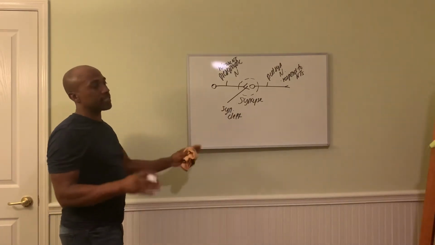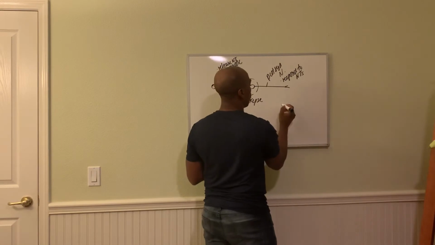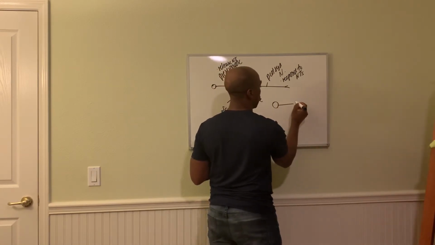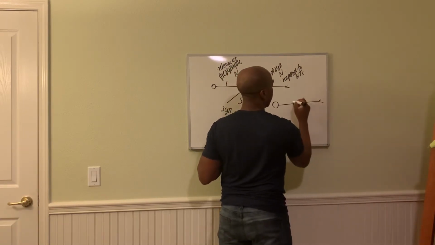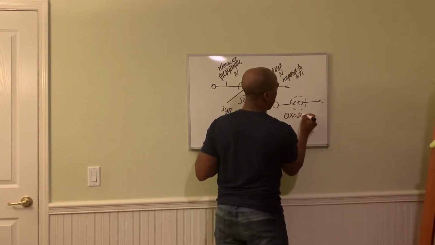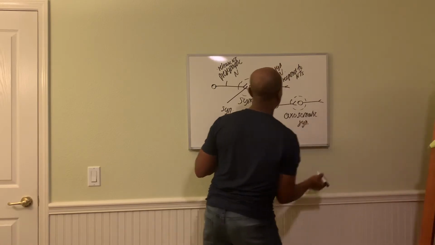Now, synapses can take on different geometry, different anatomy. So, for example, in this synapse, we have an axon synapsing with a soma. This is called an axosomatic synapse. Okay.